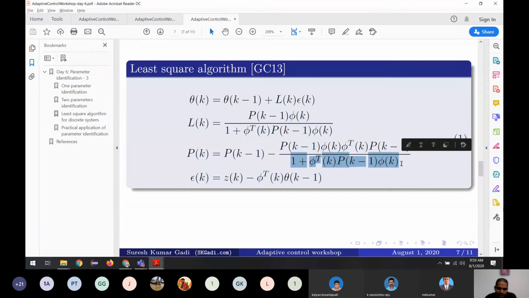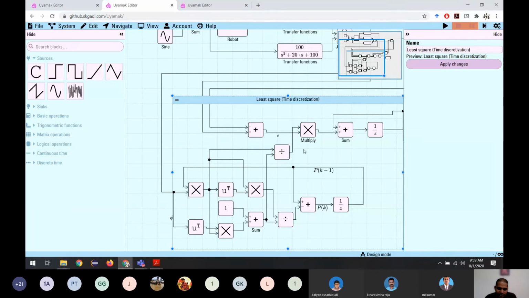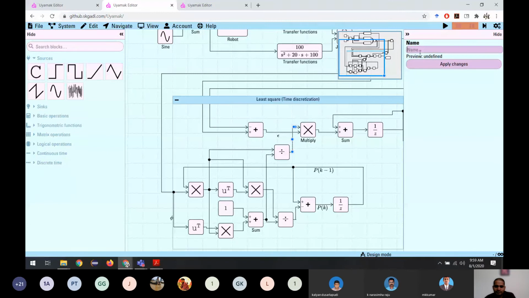So we just take these two values, divide, and we get here the value of L of k. This is L of k.